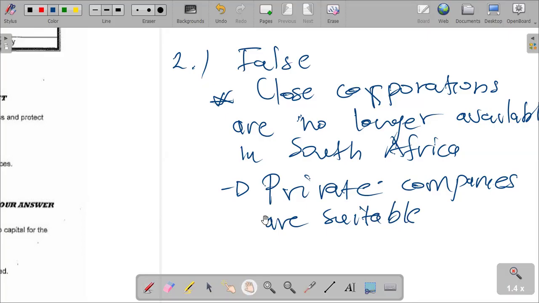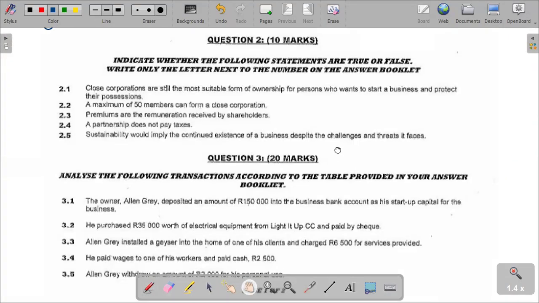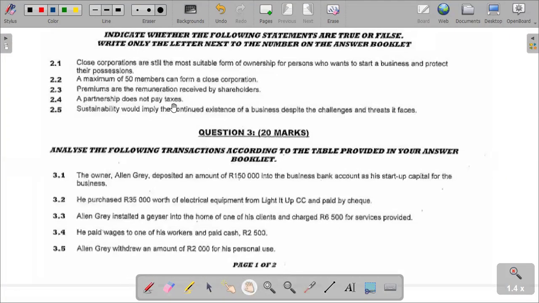All right, so that was 2.1. Closed corporations are still the most suitable form of ownership for persons who want to start a business and protect their possessions. The answer is false. And then 2.2 says a maximum of 50 members can form a closed corporation.